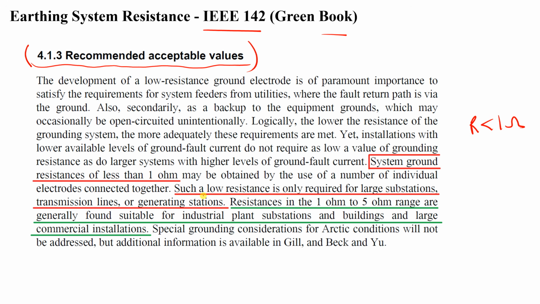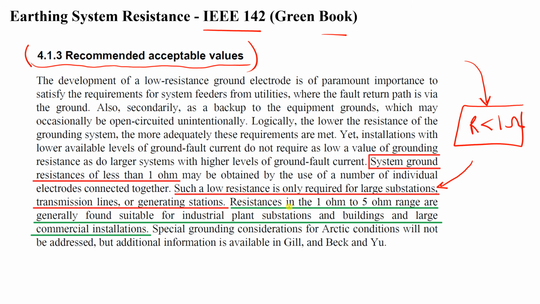When should I use this? Such a low resistance is only required for large substations, transmission lines, or generating stations. So if you are designing a grounding system for a large substation, transmission, or generating stations, you have to target R less than 1 ohm, which I have shown in the first slide.